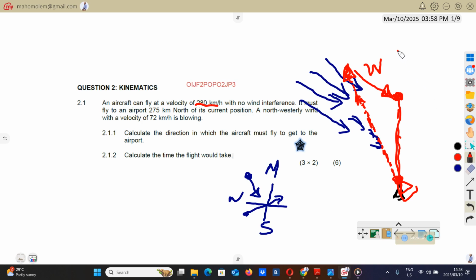So you can just draw a vertical line here, and then you'll have 45. So this is a 45 angle. Or you can draw a vertical line here, and the angle from here to there will be 45. So it's really up to you. It's your choice.